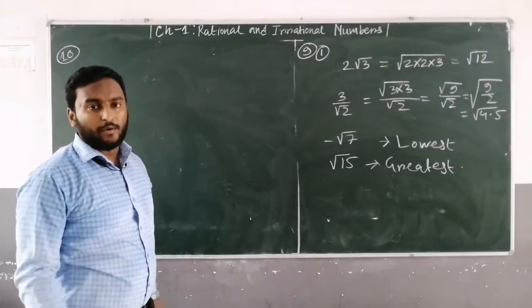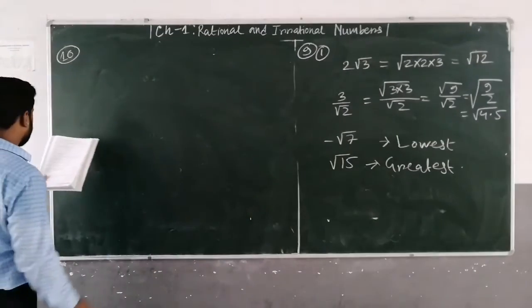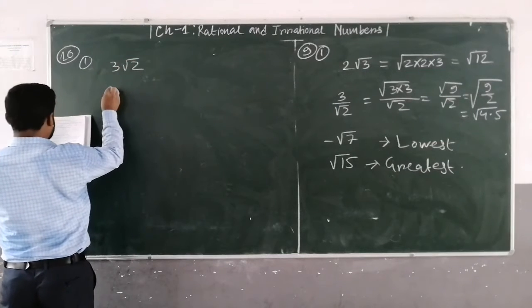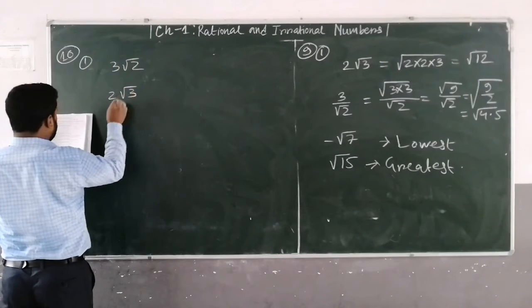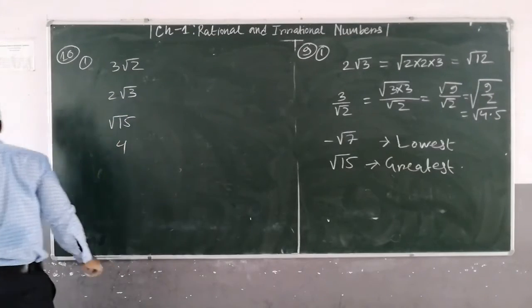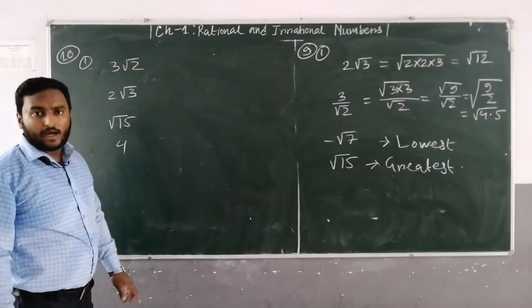It means from the lowest number to the greatest number you have to arrange them. Question number 10, first part: 3√2, 2√3, √15 and 4. Same method, just like the previous method you have to follow. All these numbers you have to bring under the root.